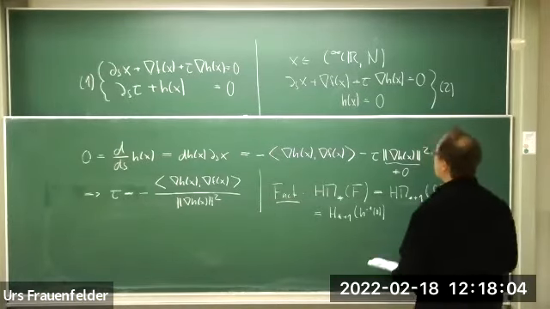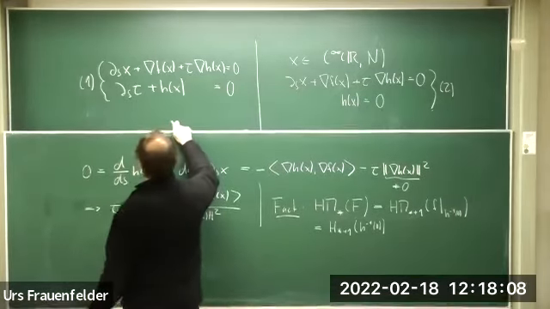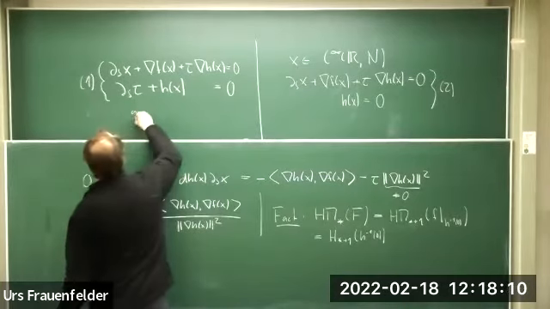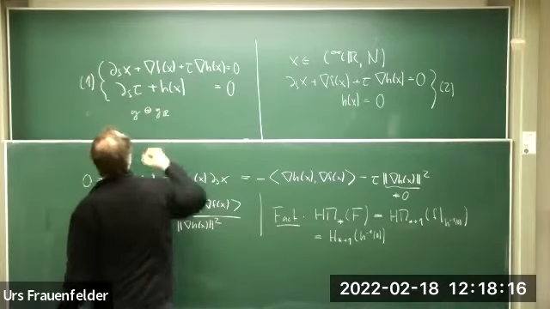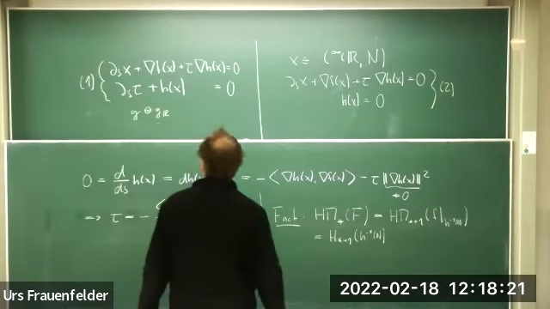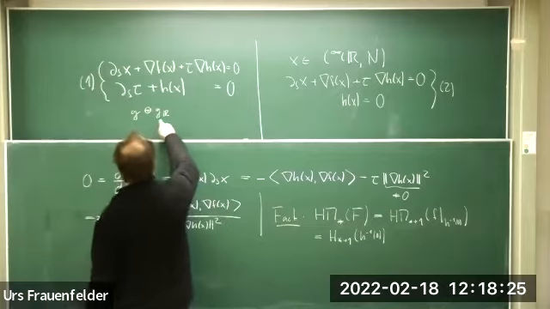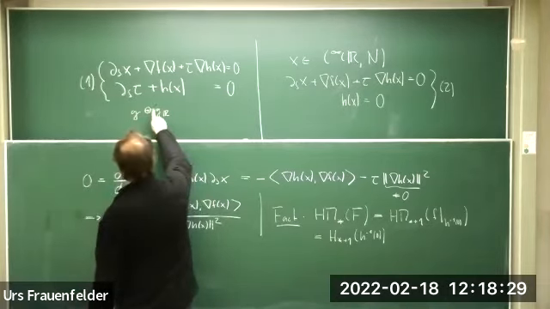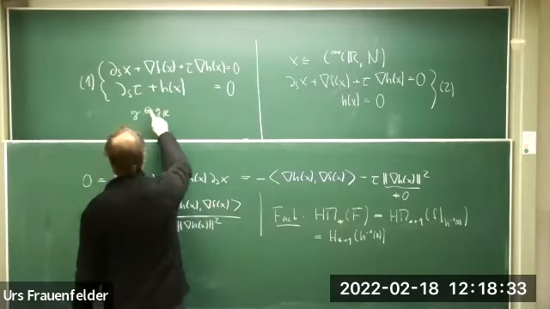Namely, before we looked at the metric G plus G_R on N times R. And what we can do is we can make this metric epsilon dependent. So we put in front of the R part an epsilon.